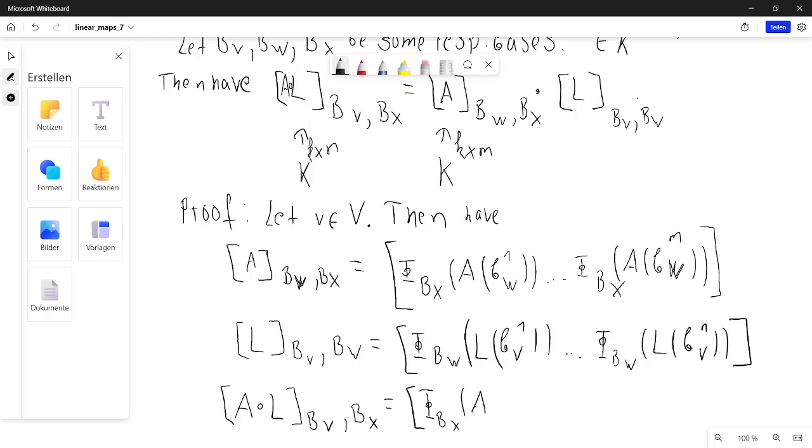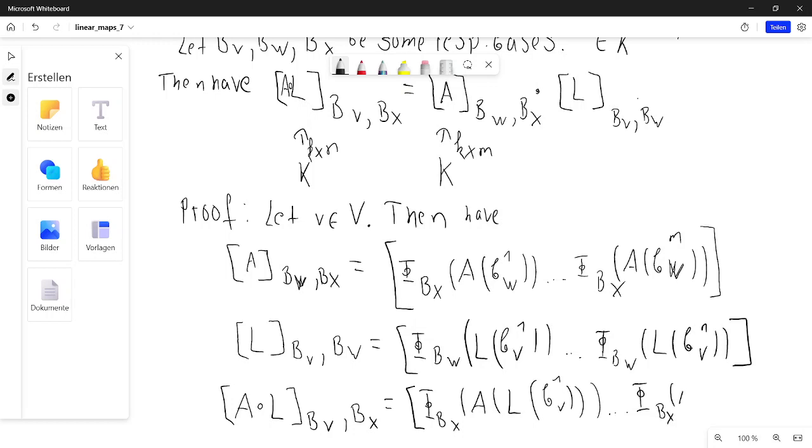And the map that we have to apply will be the composition with L, and the corresponding vectors will be, let's see, we go from BV, so that would be just B1, B2, and so on. This is evaluated at that, right?